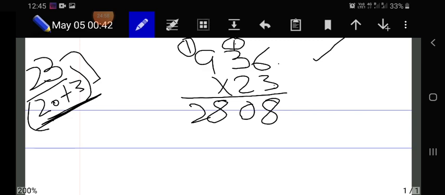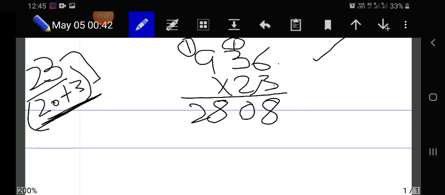Okay, now moving next. Now we are going to multiply this 2 with all these numbers, 936. You will simply multiply 2 by 6, then 2 by 3, then 2 by 9. Or you can directly multiply 20 into 936.